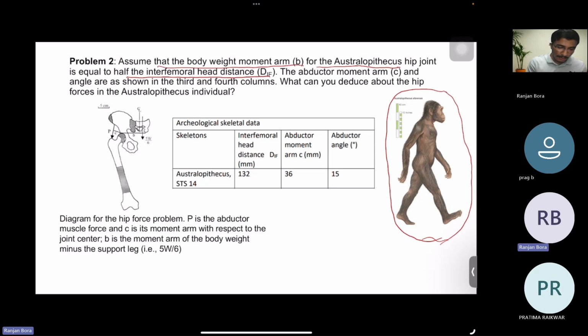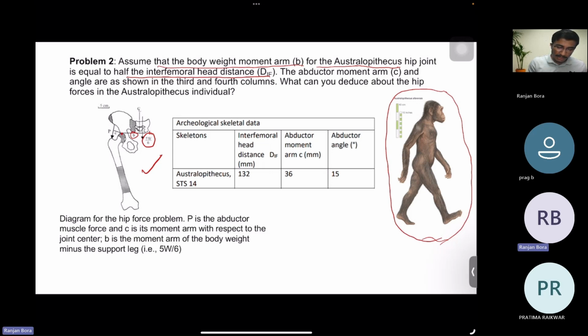So what is this body weight moment? You can see this figure. The free body diagram is shown here. And the body weight moment means the moment of the force because of our body weight, which is 5W by 6. The force is acting at a distance of B from this location of the hip joint. And it is given as half the interfemoral head distance.